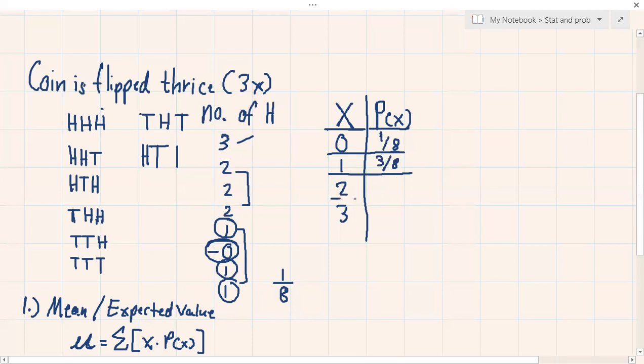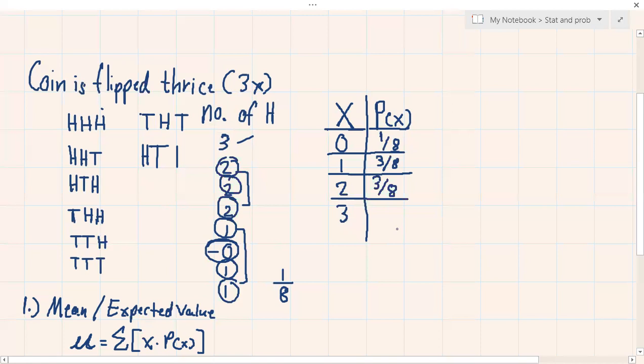Okay? Ngayon, sa third row, we have 2. Ngayon, ilan si 2? So dito, sa 2, we have 1, 2, and 3. So that means, ganun din. There are 3 out of 8 possible outcomes na pagka-flip mo ng coin ng 3 beses, there would be 2 heads present or occurrences or appearances.